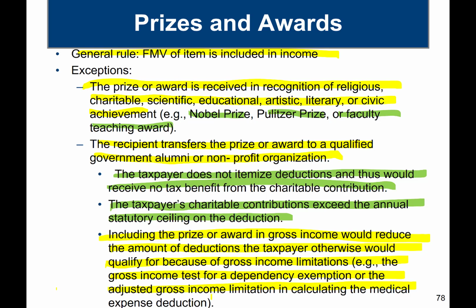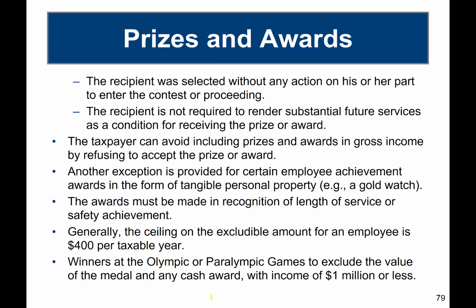So the person says, I don't want to include it because if I do, my AGI is too big and that's going to limit my ability to take other deductions. Then they say, okay, that's all right. Then you can go ahead and exclude it to avoid that unfavorable outcome. Now it's any one of those. It doesn't have to be all of those, obviously. It can be any one of those.